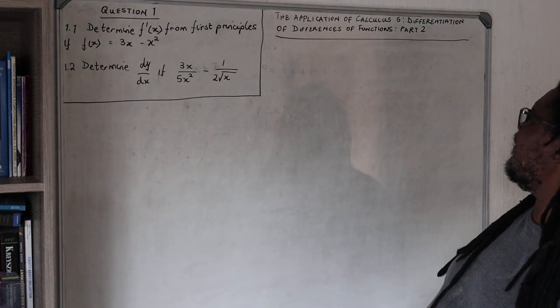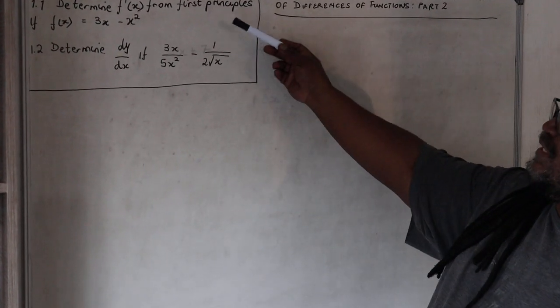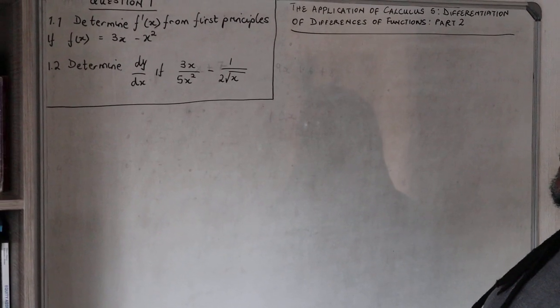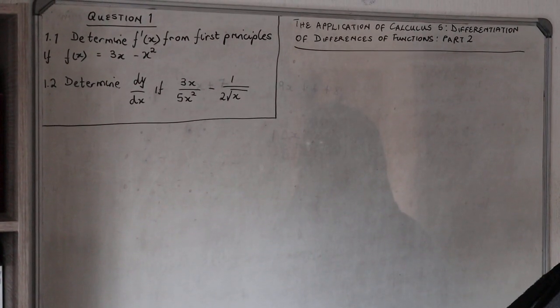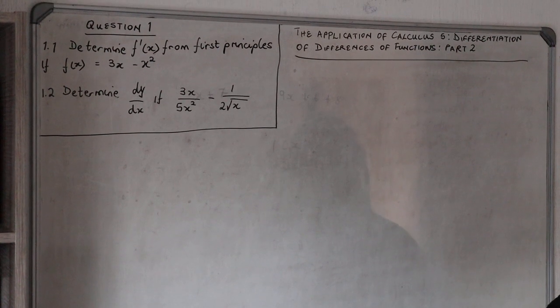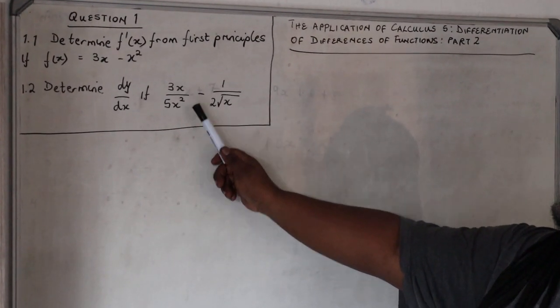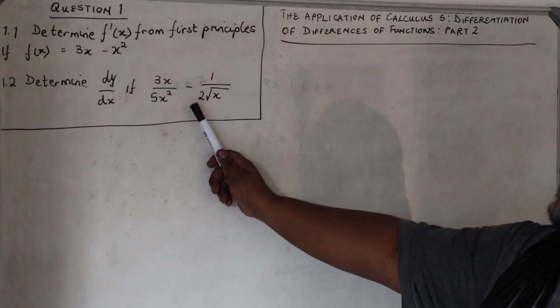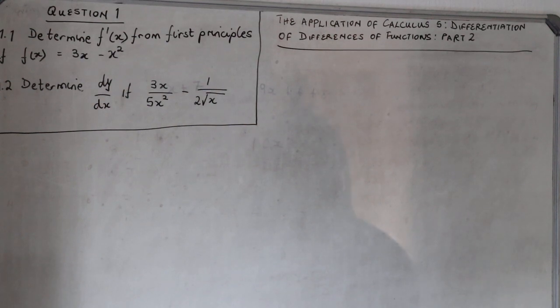The first part was done in a separate video where we showed you how to get f prime x given that f(x) is equal to 3x minus x squared. So this basically is a difference of two functions. So it's basically simple differentiation.